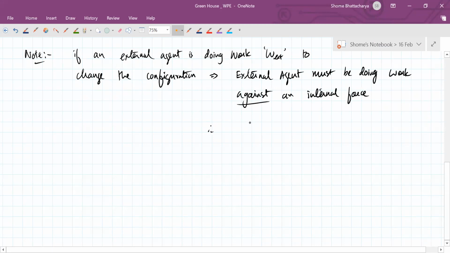Therefore the work done by the external agent will be negative of the work done by the internal force, which will be equal to the change in potential energy.